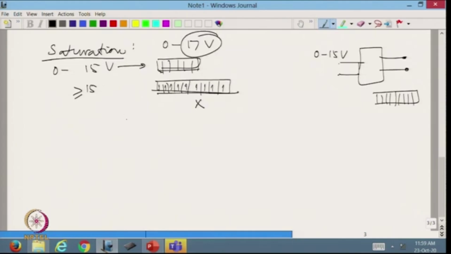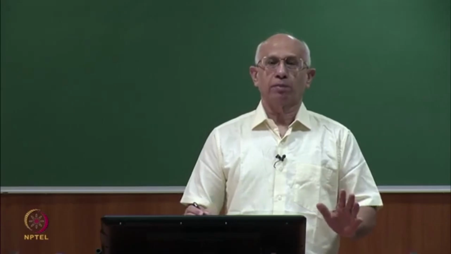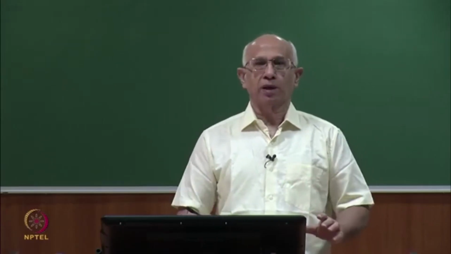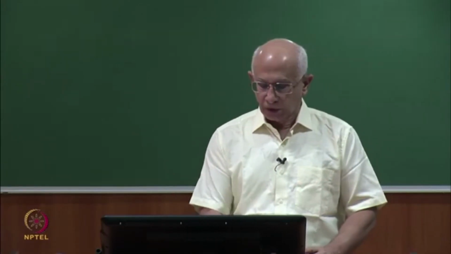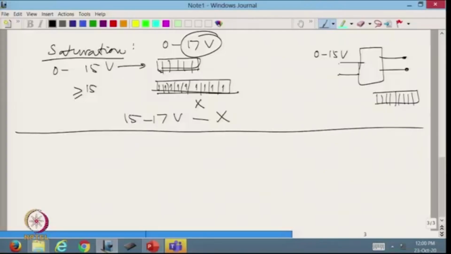What was missing out is that all the signal in the 15 to 17 volt range has been knocked out. We have lost information. This particular data collection is useless. We got to completely discard it, do that whole measurement all over again, and possibly the whole experiment all over again. So, this is one issue that we are seeing here.